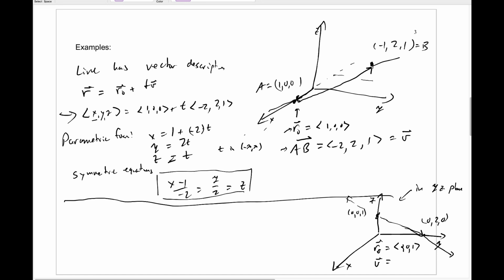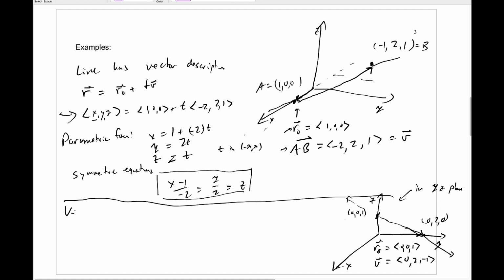I'll just draw that as an arrow. Or we could have a vector in the other direction. It really doesn't matter. So I'll take v to be the vector from this point. If I think of this as point A and this as point B, it will be the vector AB. And the coordinates are just 0, 2 minus 0 is 2, and 0 minus 1 is negative 1. This will be our direction vector.